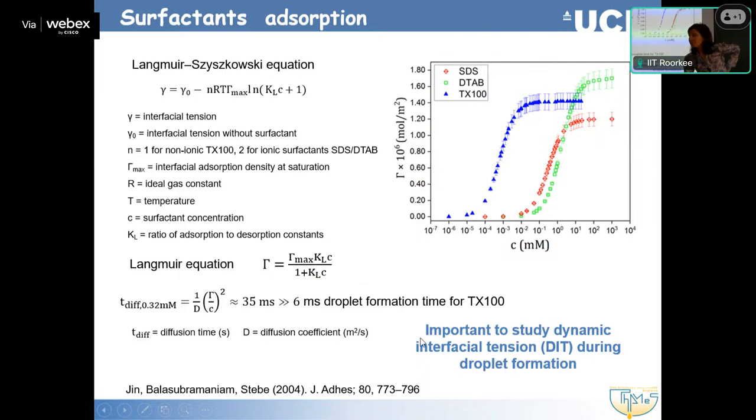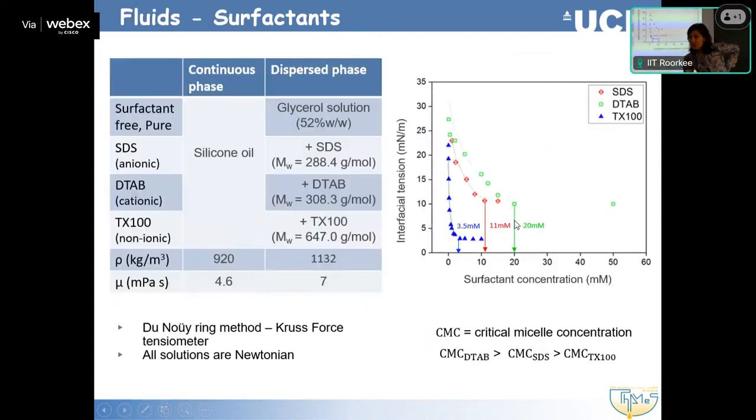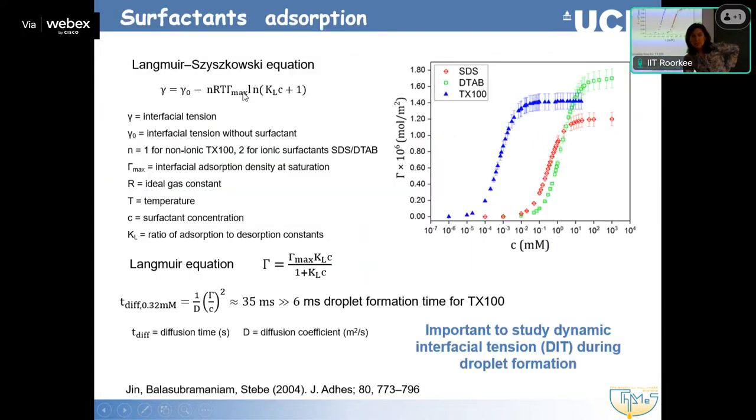Again, there are papers and a lot of work in the surfactants literature. If you have these curves, you can actually use an isotherm. This is the Langmuir-Szyszkowski equation, which describes the interfacial tension and has these parameters here. This is the ratio of adsorption to desorption of the surfactant to the surface.